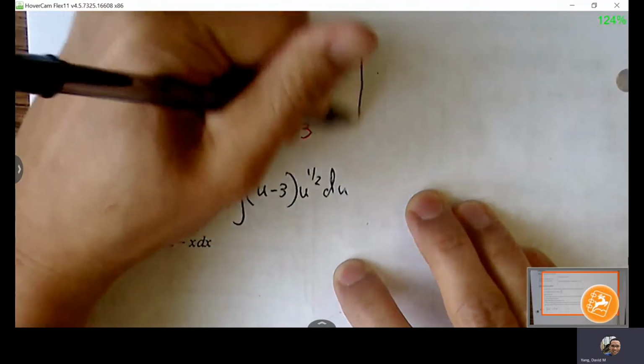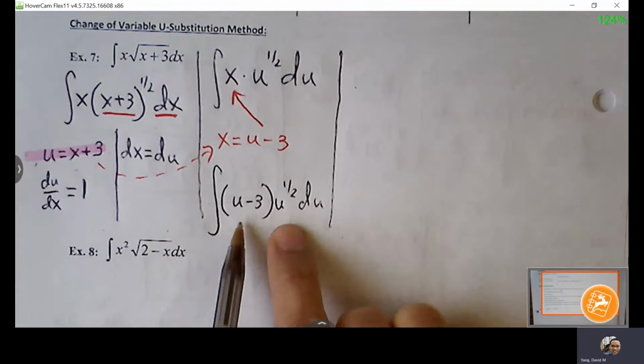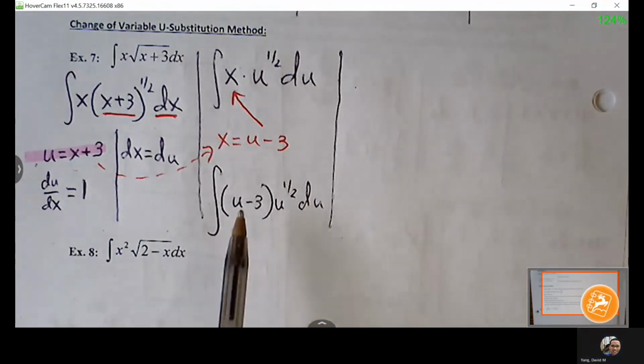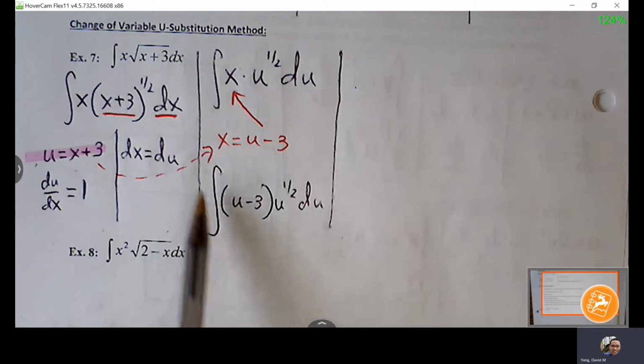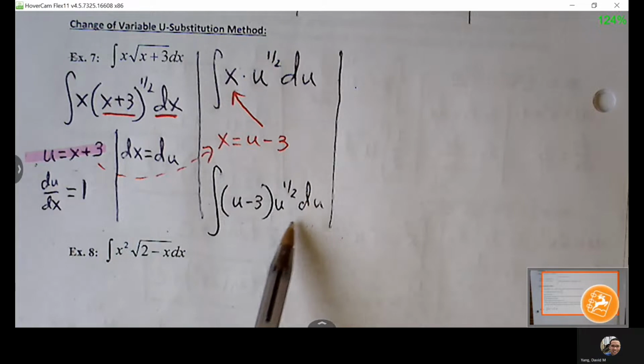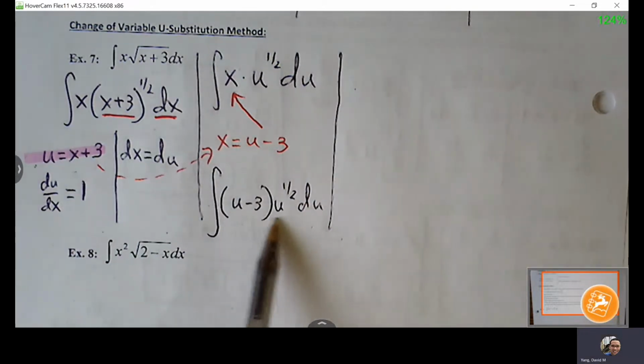Okay, we still have something more to do, but at least we have something that we can move forward with, right? At least everything's in terms of u, but we're still not ready for power rule, right? What else do we need to do? No more substitution. Everything's in terms of u.